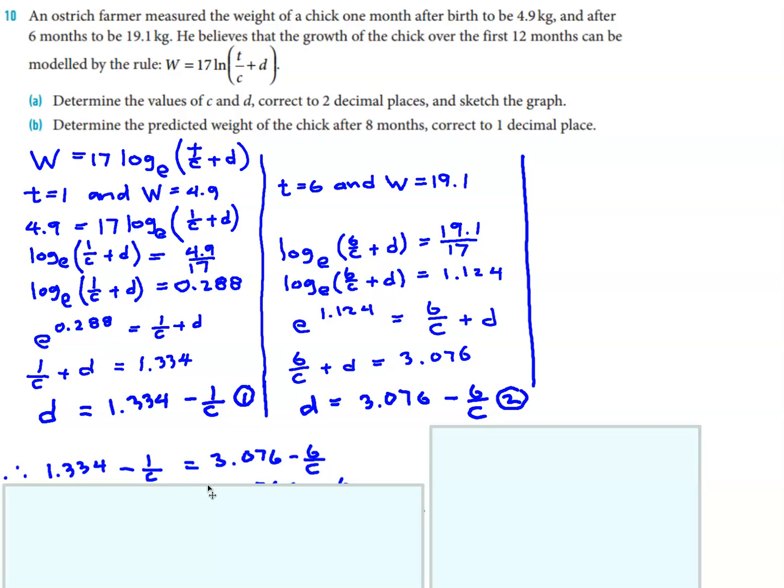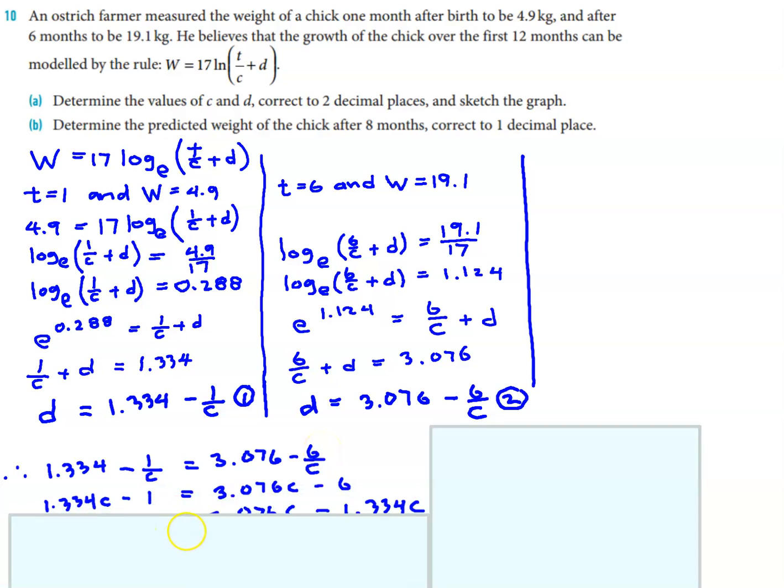Anyhow, to get anything out of a denominator in an algebraic equation, you just multiply by that denominator. So I'm going to multiply everything by c, and that gives me that equation just there. If I multiply that by c, it just becomes 1, and multiplying that by c, it just becomes 6. Now I put the two c terms together and the numbers together.